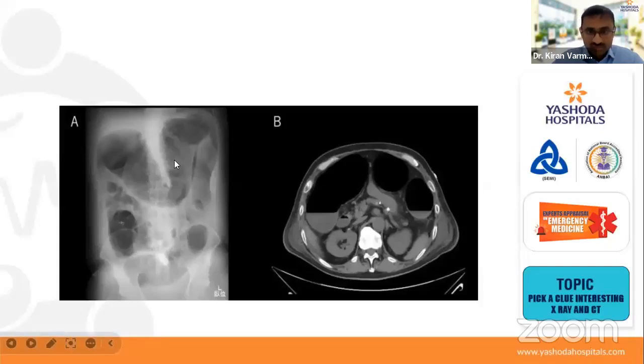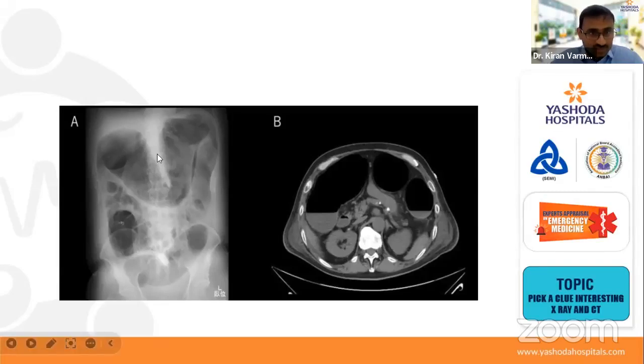Why are we calling it toxic megacolon? If you go back to the history, the patient is having fever, then sepsis features, tachycardia, tachypnea, hypotension. So with the dilated bowel loops, colon, this is toxic megacolon. If the patient was not having a history of fever, toxic look and all, it might go in favor of large bowel obstruction.